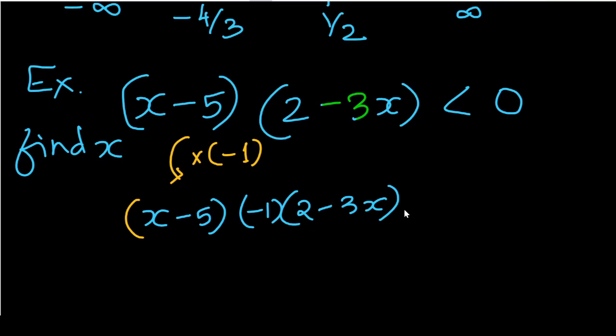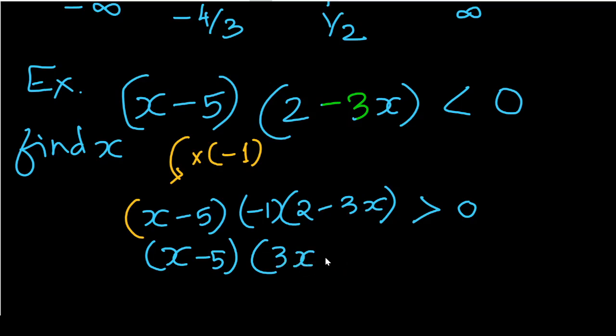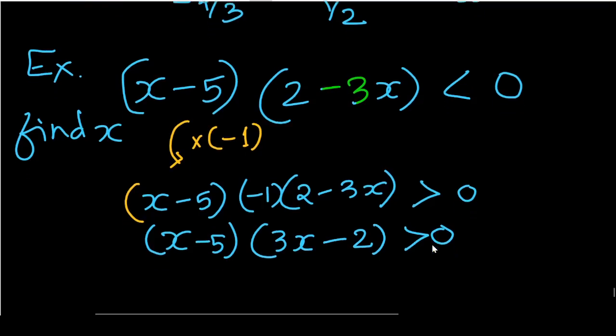Since minus 1 is multiplied, this becomes greater than 0. The sign is reversed. This minus 1 is multiplied to this linear factor, so minus 3x becomes plus 3x, plus 2 becomes minus 2, and the sign becomes greater than 0, and so on. You can solve.